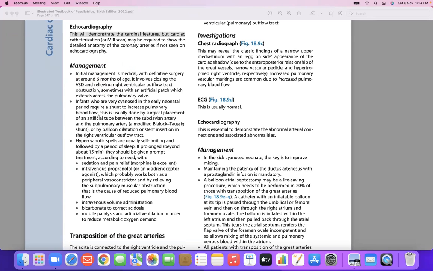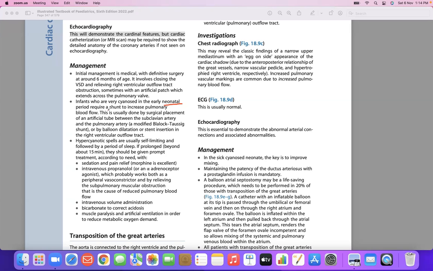Okay, so what are the other things? There are some children, up to 6 months you will do medical management for them, but there are some children who are cyanosed in the early neonatal period requiring a shunt to increase pulmonary blood flow. It means you cannot wait up to 6 months to do definitive surgery, because they are cyanosed in the early neonatal period.